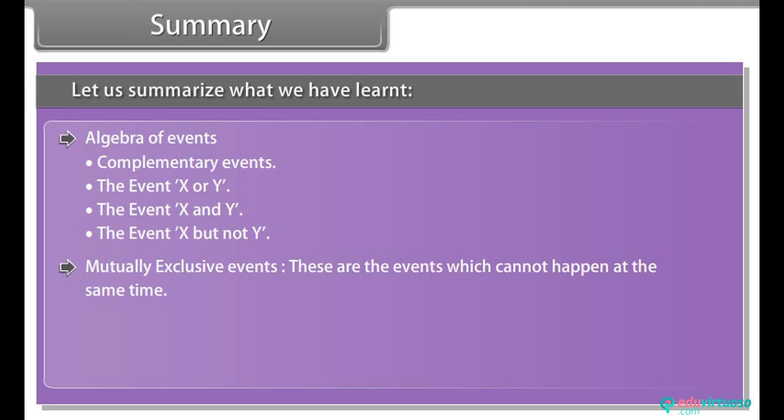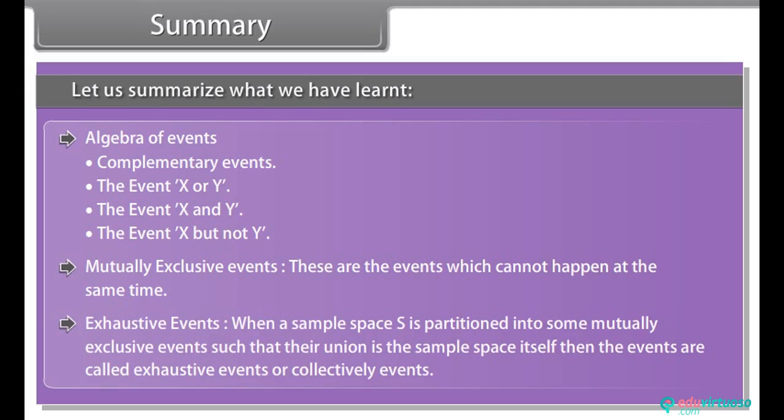These are the events which cannot happen at the same time. Exhaustive events. When a sample space S is partitioned into some mutually exclusive events such that their union is the sample space itself, then the events are called exhaustive events or collectively exhaustive events.